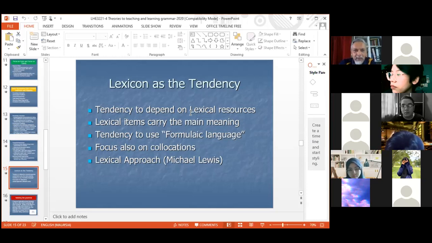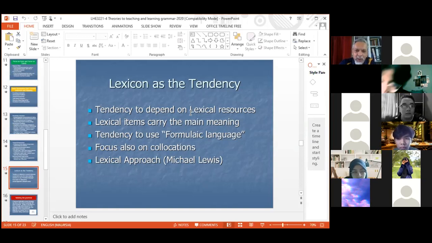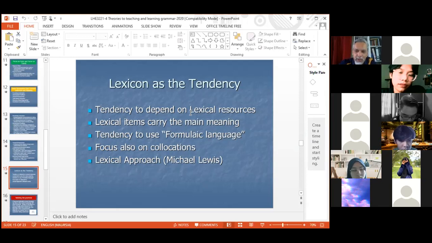Give money, give help, give advice, and all these other things. So in other words, when you introduce the word give, then you should also introduce other words that normally occur together with the word give. When you teach or use the word advice, you should also use words that normally collocate with the word advice.